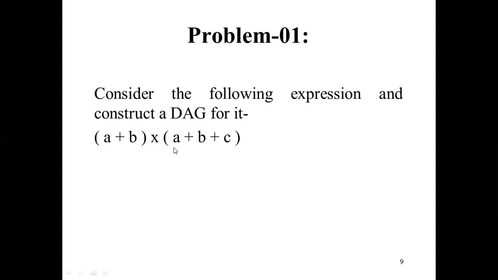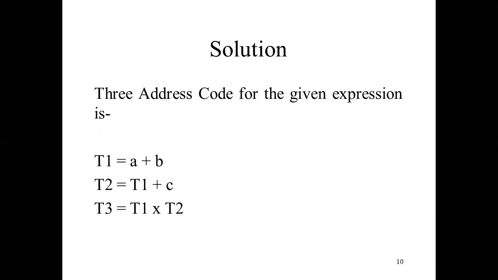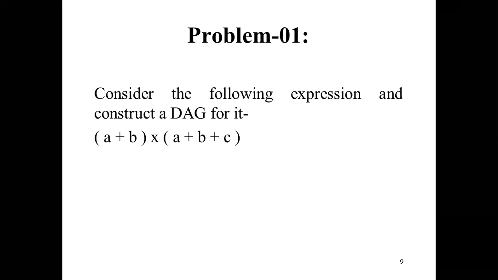Let another variable t2 be equal to t1 plus c. Then in place of a plus b plus c we write t2, and a plus b we have already chosen as t1, so we write t1 into t2. Then we assign this to t3, so t3 equals t1 into t2 as per the given expression. At the center you can see there is a multiplication sign.